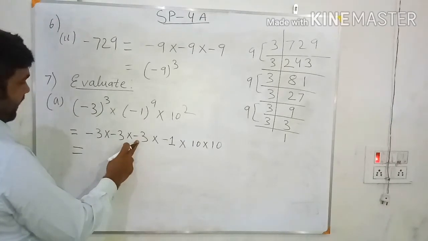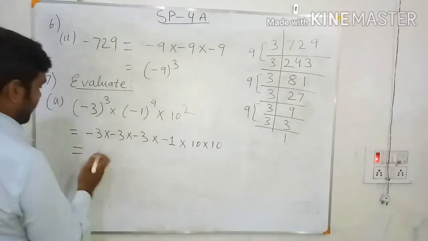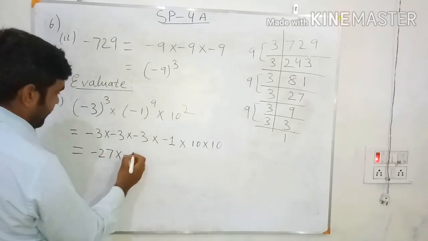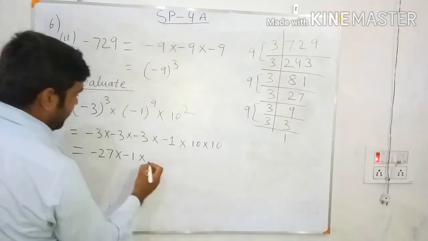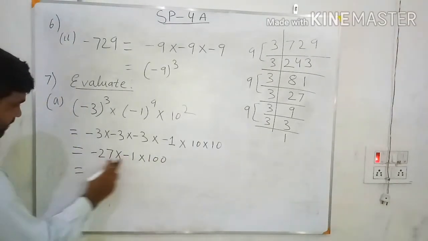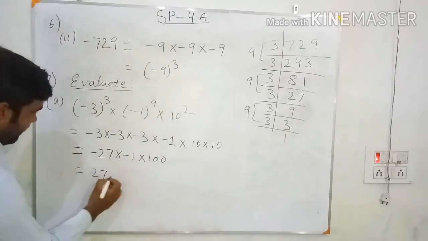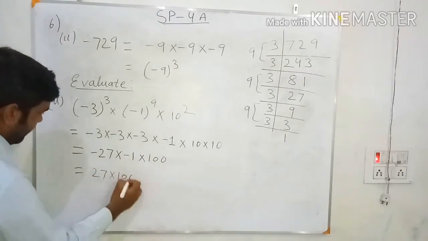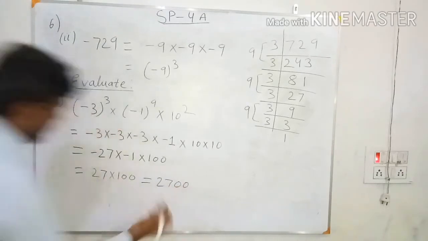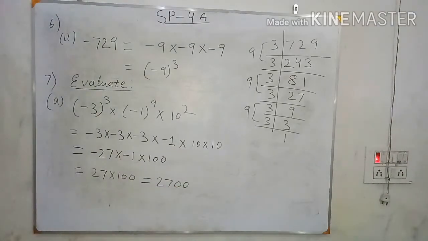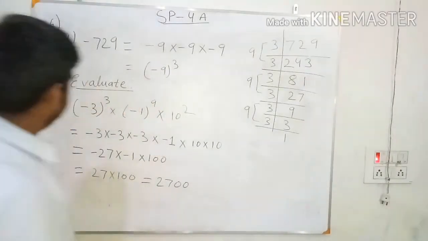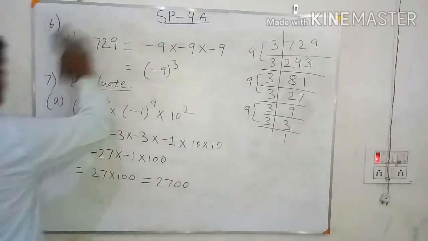So what you are going to get? 3 3s are 9, 9 3s are 27, that is minus 27 multiply minus 1 multiply 100. Here minus minus is plus, that is 27 multiply 100. 27 multiply 100, what you will get? 2700. Okay.